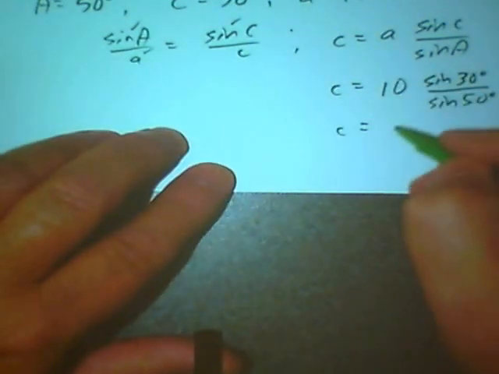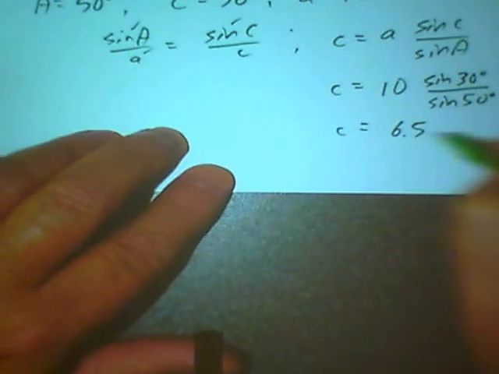Oh, I'm not in degrees. Gotta remember, gotta be in degrees. Try that again. 30 degrees sine divided by 50 degrees sine times 10, 6.52. About 6.5.